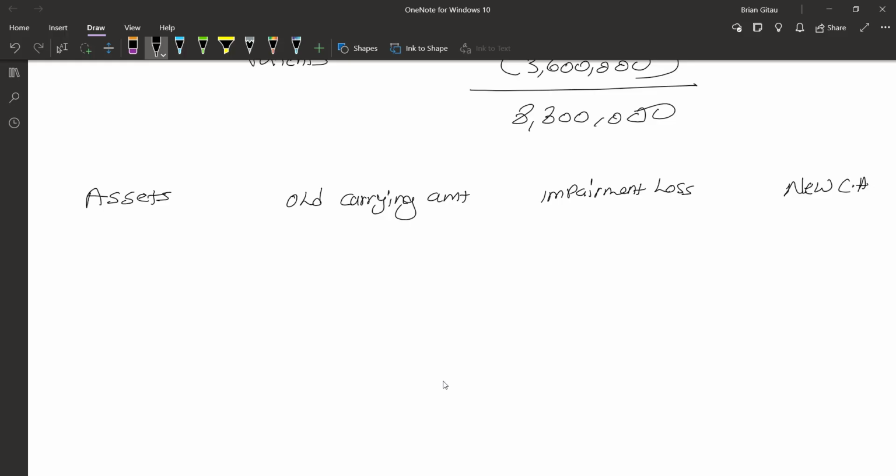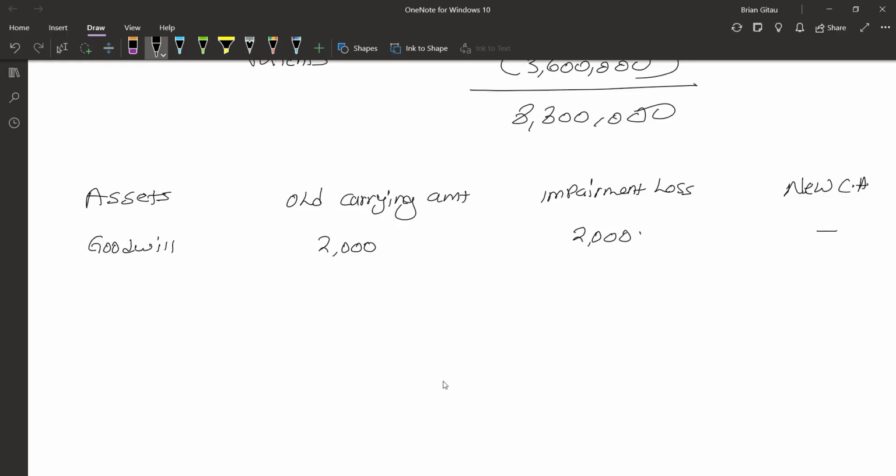So for the assets, the first asset was goodwill. The old carrying amount was 2 million. I have suspended 3 zeros. Now the impairment loss, we remember we write off goodwill, all of it, so that we are left with 0 or nil in the new carrying amount. So the impairment loss will be 2,000, so that we can write off the goodwill.